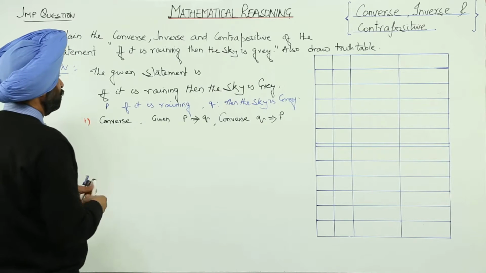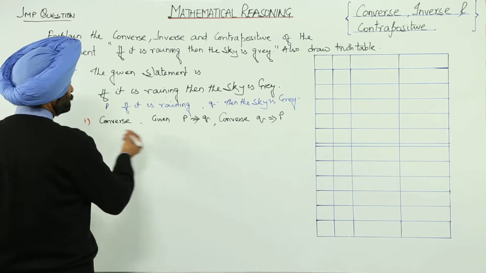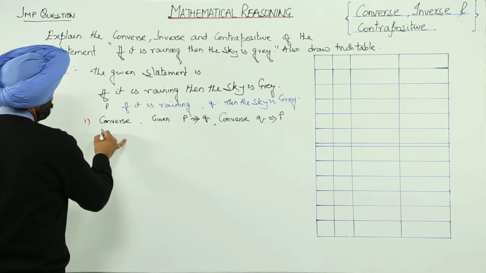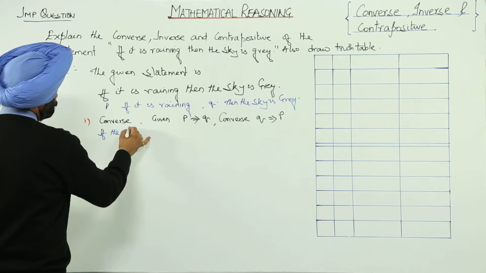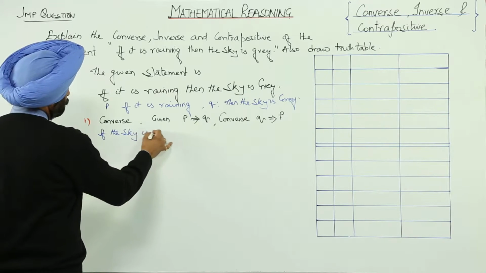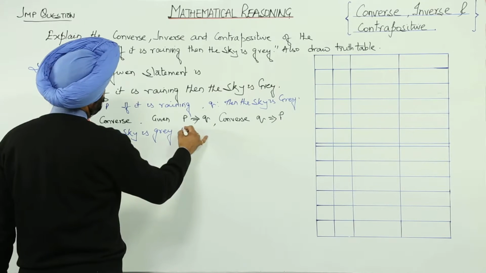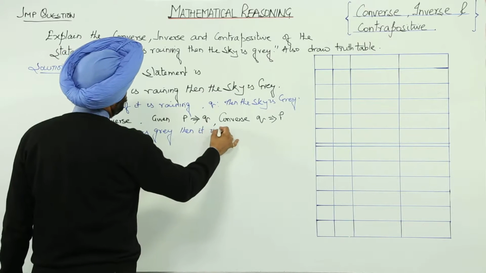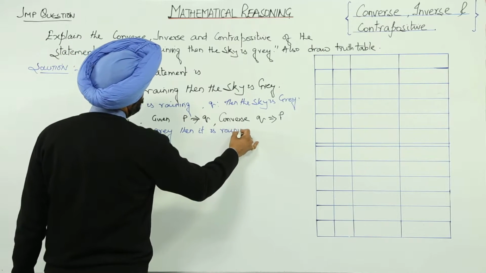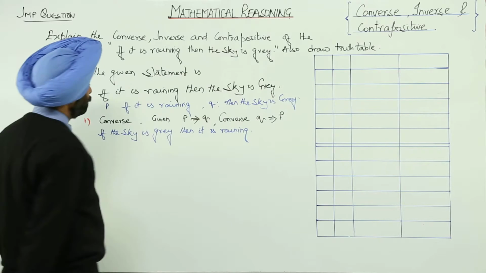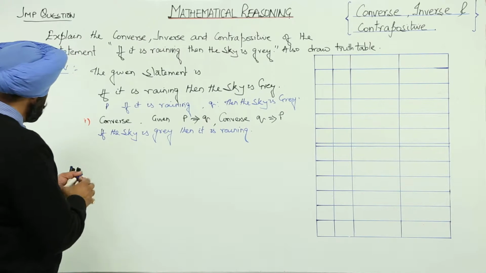Now the statement will be, if the sky is grey then it is rainy. Very first thing. Okay.